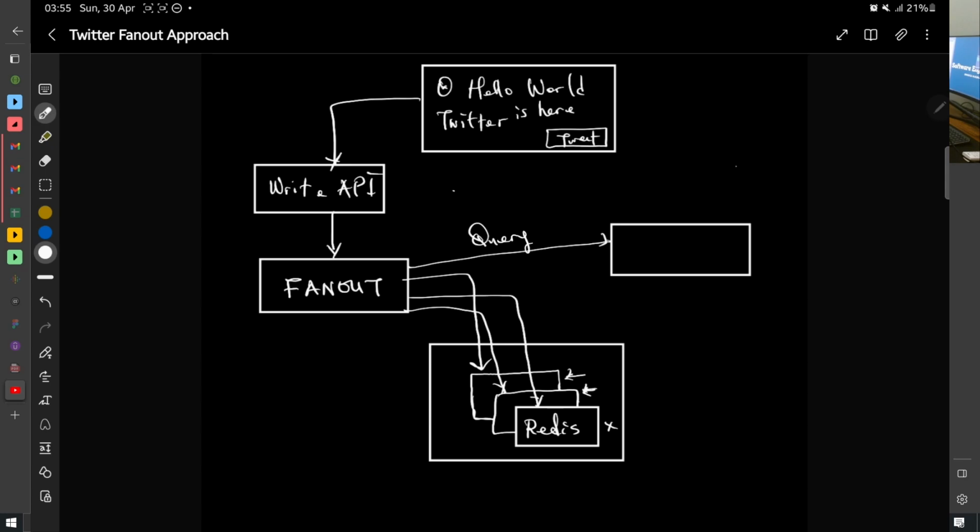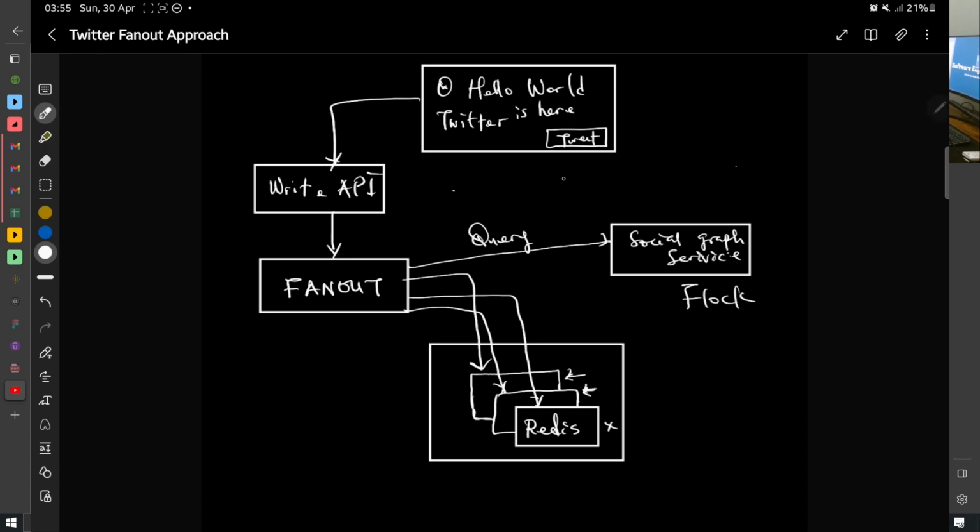So a Fanout daemon actually queries Twitter's social graph service. And this social graph service is called Flock. Flock sits on a database called Flock database.